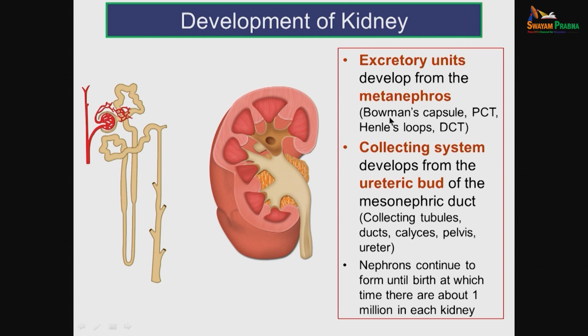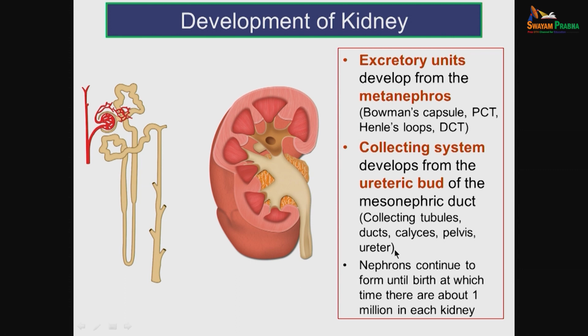As I said earlier, the metanephros comes in contact with the ureteric bud. So, the ureteric bud gives rise to the collecting system of the kidney, namely the collecting tubule, the collecting ducts, the calyces, pelvis of the ureter, and the ureter.